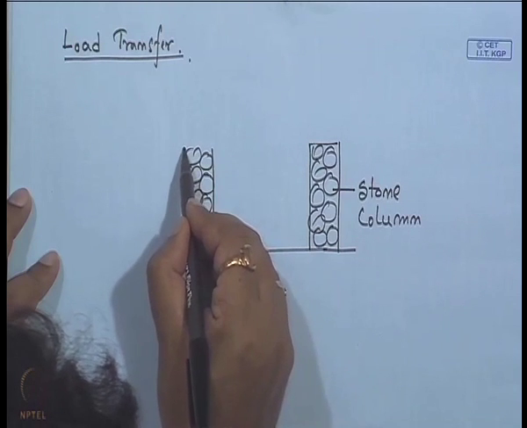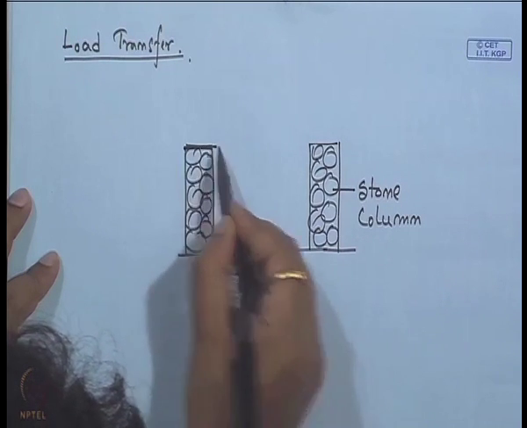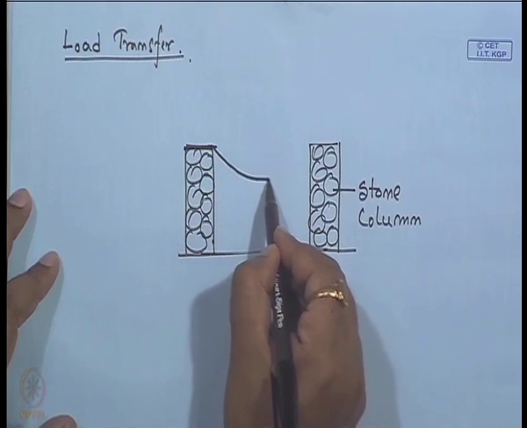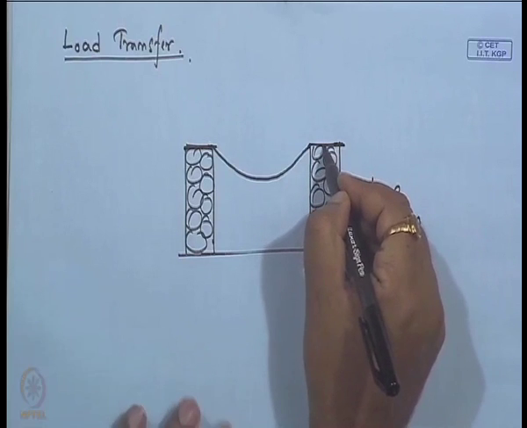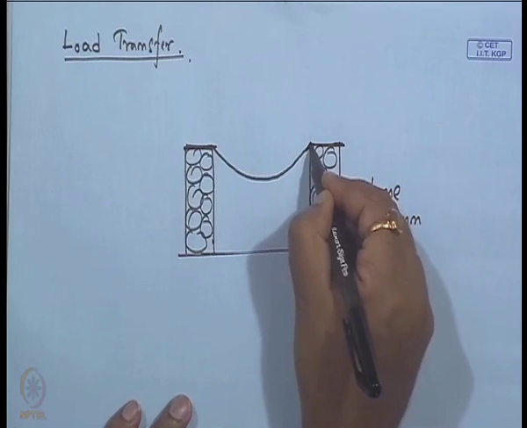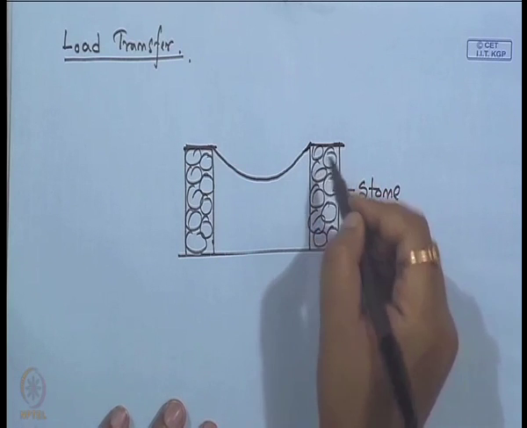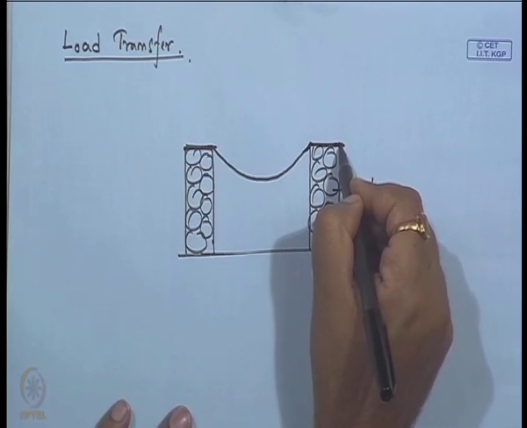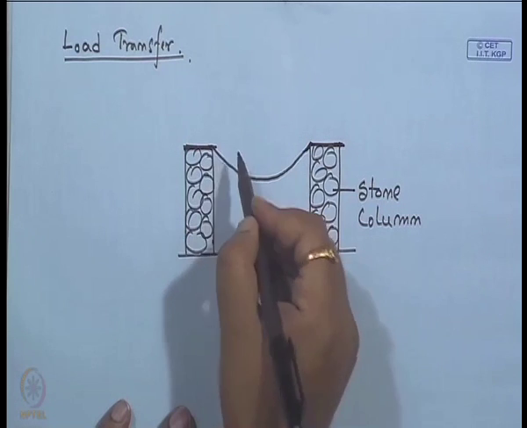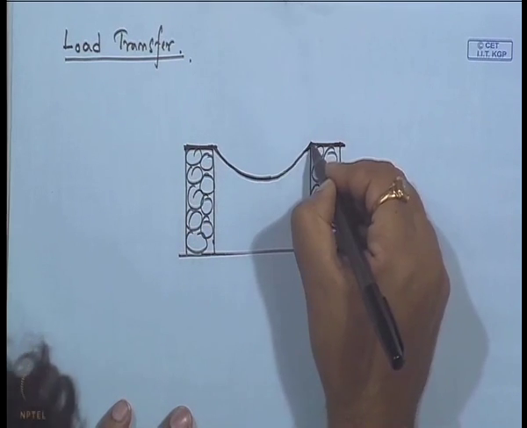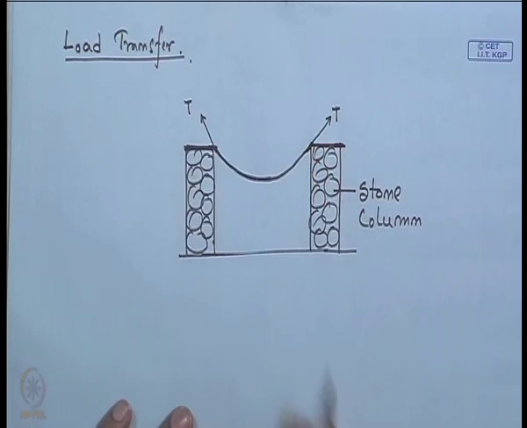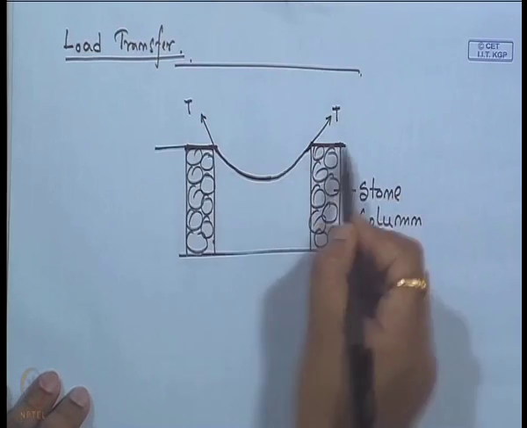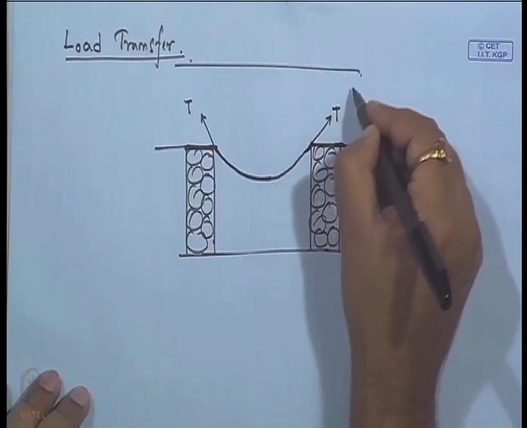If I consider the reinforcement layer, if we provide the reinforcement, it will deform in this form. In this region the reinforcement deformation will be almost the same, and here the reinforcement deformation is not the same. So, there will be a tension induced at both ends, and this is the embankment soil.